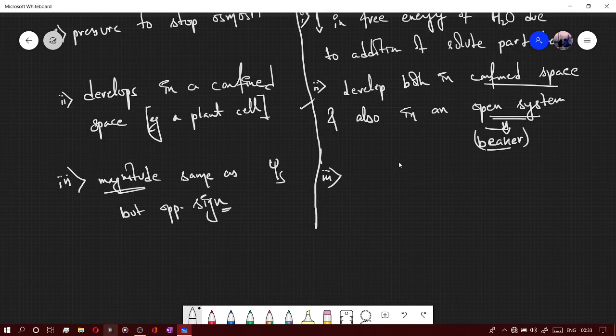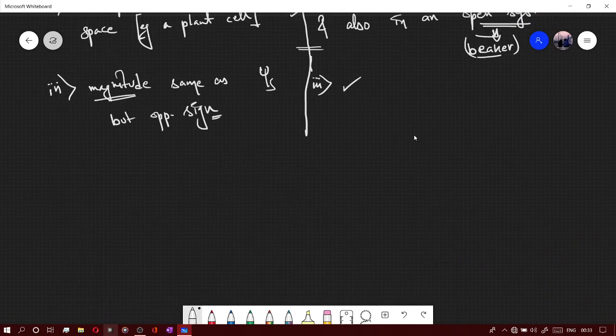This is just a point; you can as well stop here. I know this may be a bit awkward, but it is what it is. So what is the only takeaway? The major fact is that osmotic pressure is the negative of psi s.